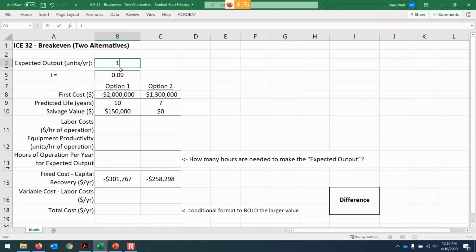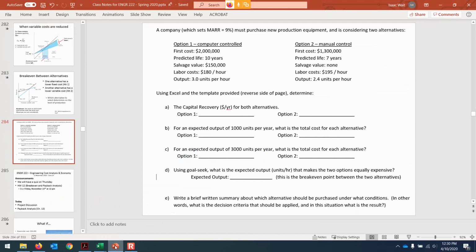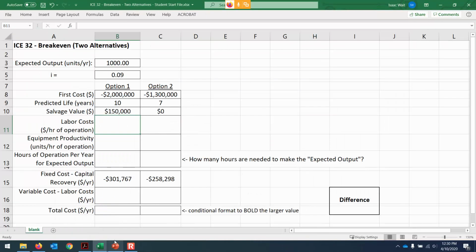So let's say we're operating at 1,000 units per year, what are the labor costs for option 1 versus option 2? Okay, so labor costs are 180 versus 195. I need to put in a minus sign because costs are negative.